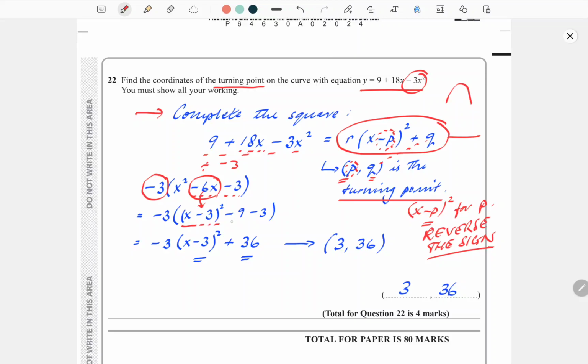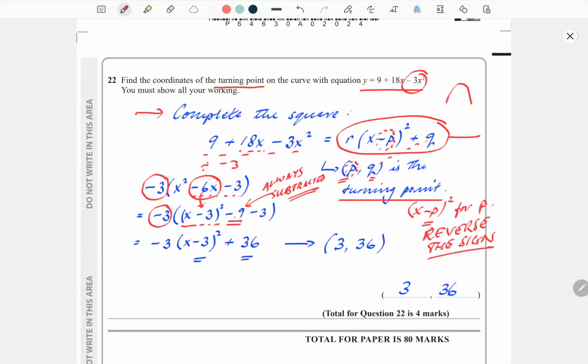And I have to take away, subtract whatever I had inside the brackets, the minus 3, square it, which is 9, so minus 9, and I have to subtract. This thing is always subtracted. And we had the minus 3 from the original. And remember, the minus 3 is on the outside of the brackets there at the same time.